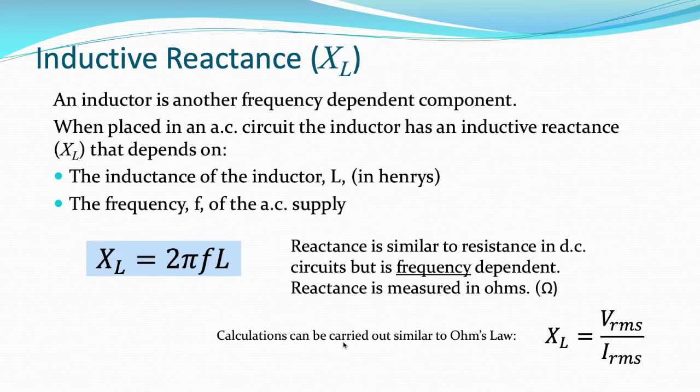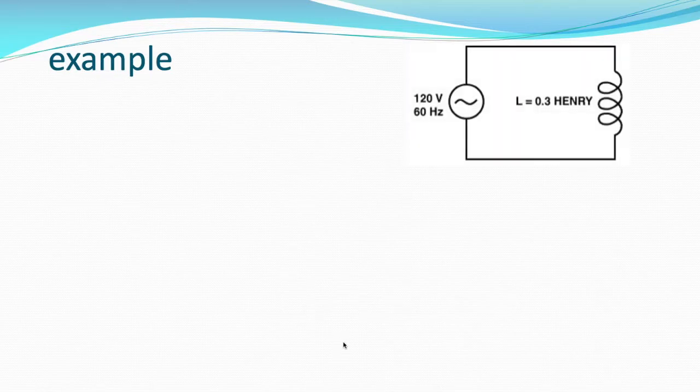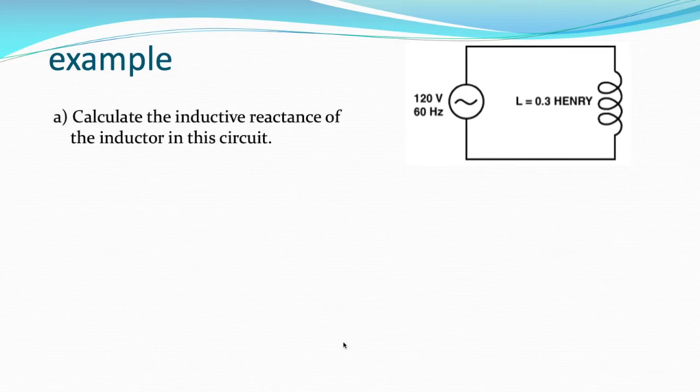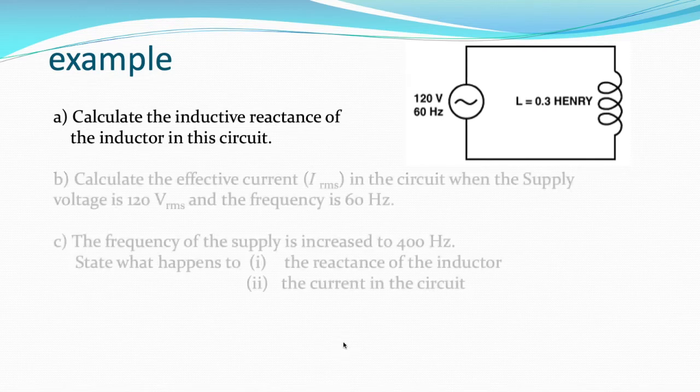And as usual, a little example will make things hopefully a wee bit clearer. We've got a 0.3 henry inductor connected to an AC supply that has an RMS voltage of 120 volts and a frequency of 60 hertz. Calculate the inductive reactance of the inductor in this circuit.